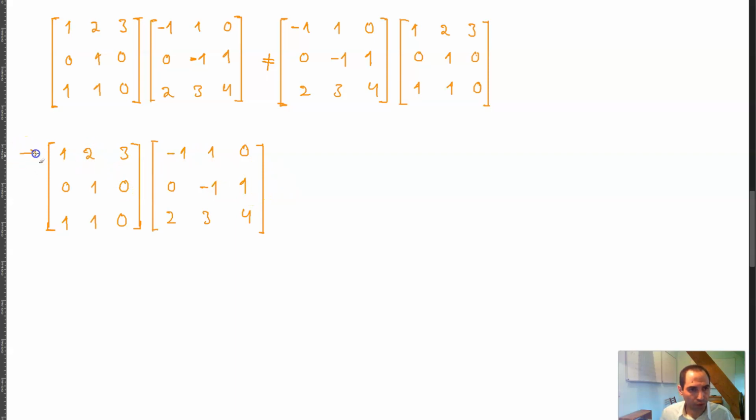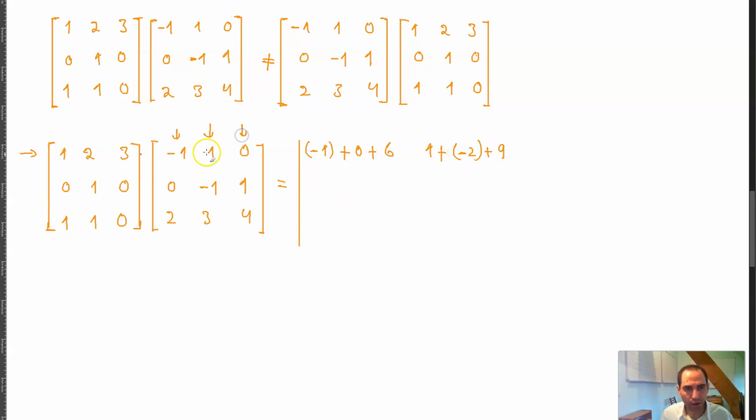so I will start with this row and this column, and write this as 1 times negative 1 is equal to negative 1, and 2 times 0 is equal to 0, and 3 times 2 is equal to 6. Then this column, you have 1 times 1 is equal to 1, and 2 times negative 1 is equal to negative 2, and 3 times 3 is equal to 9.